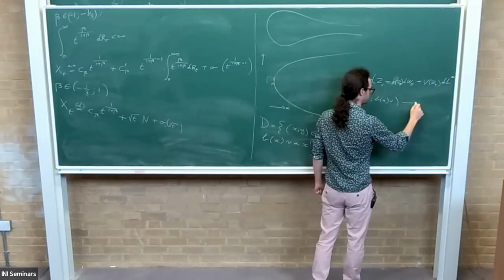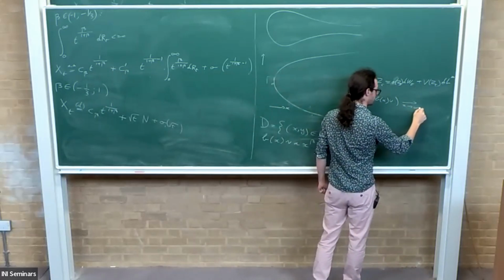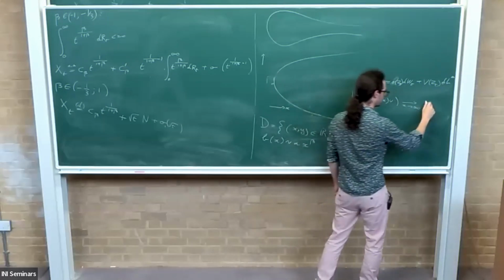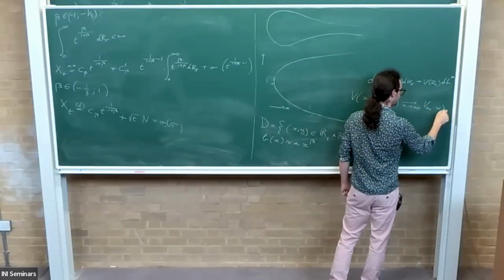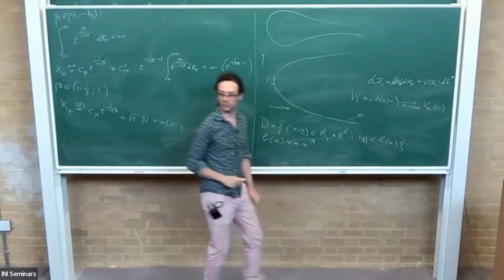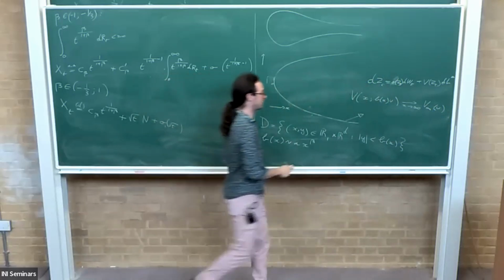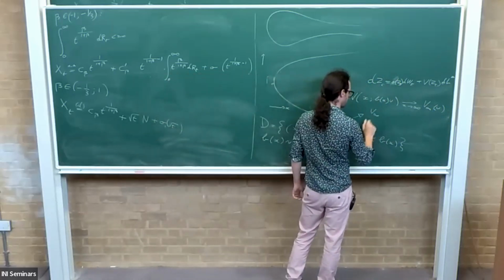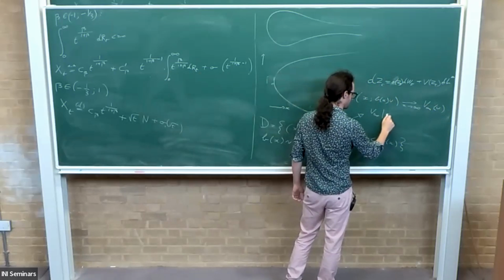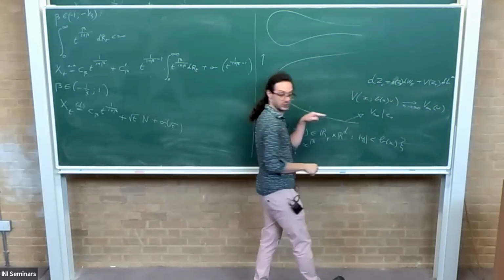And you want this to converge, as x goes to infinity, towards some limiting vector field. And for this limiting vector field, you want it to have a positive component in the x direction.